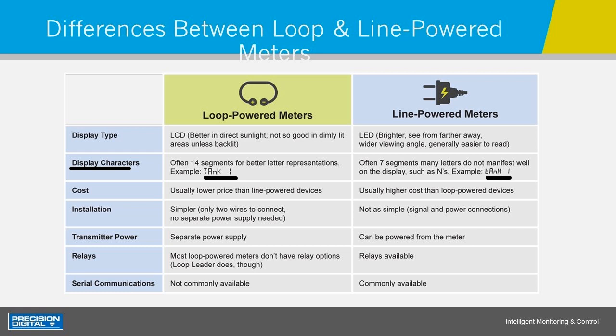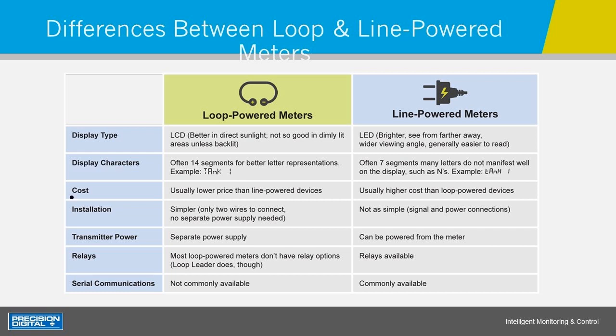In the LCD meter, on the loop-powered meter, you can get segments that show you capital T's really well, that show you a K that's very legible, versus the usually 7-segment display you're going to get on a line-powered meter because it's an LED display. And that's when you start having difficulty trying to read what's being displayed. You can't do uppercase letters quite right. The M's and K's don't show up well. And so you get a better display on the LCD when it comes to legibility.